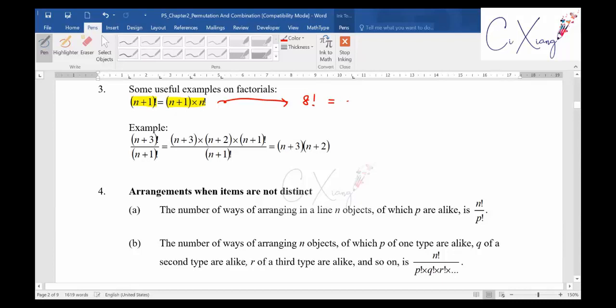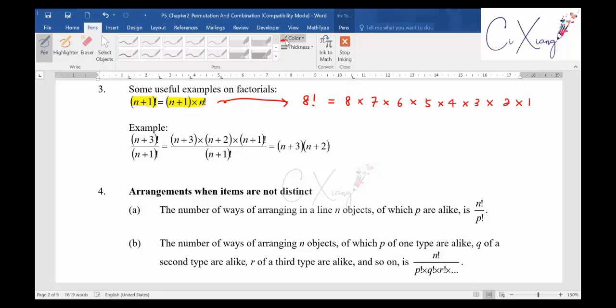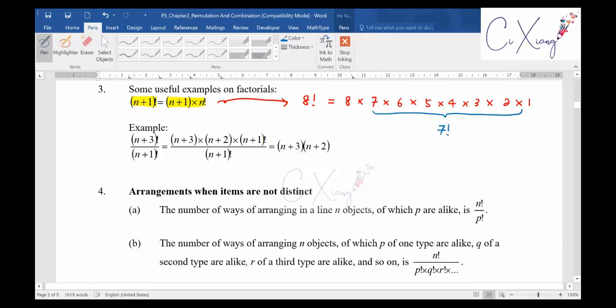You can write it as 8, 7, 6, 5, 4, 3, 2, 1, right? Then you can rewrite the 7, 6, 5, 4, 3, 2, 1 as 7 factorial, and the 8 remains. So it becomes 8 multiplied with 7 factorial, which equals 8 factorial.